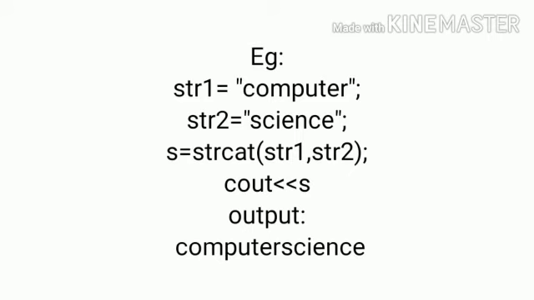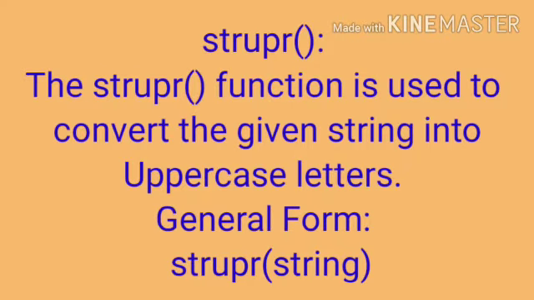The next functions are strupr and strlwr. strupr is a string function which is mainly used to convert the given string into uppercase letters. Already we saw the character functions. For those, toupper and tolower are used. toupper is used to convert the given character into an uppercase letter. tolower is used to convert the given character into a lowercase letter.